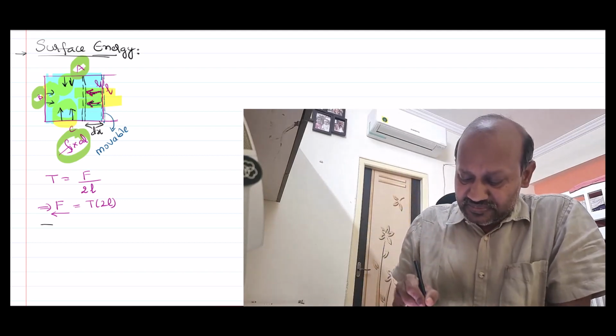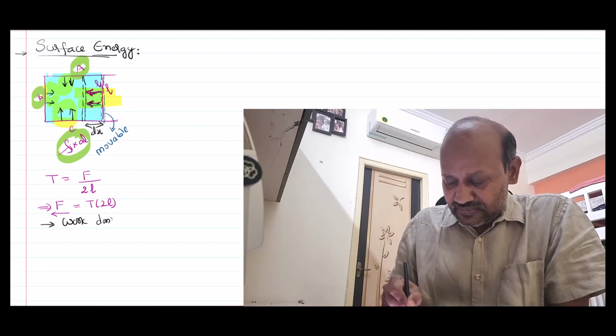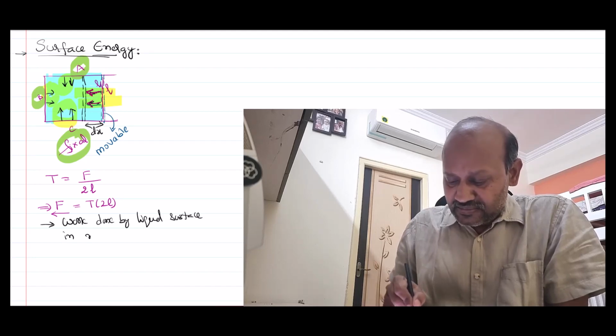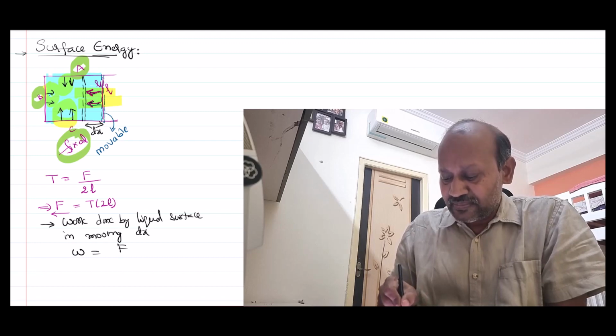So work done by the liquid surface in moving the displacement dx can be calculated as work done is force into displacement. Force is F here, displacement is dx.